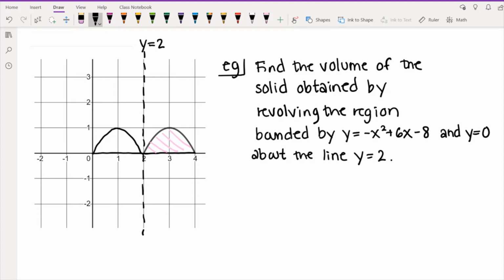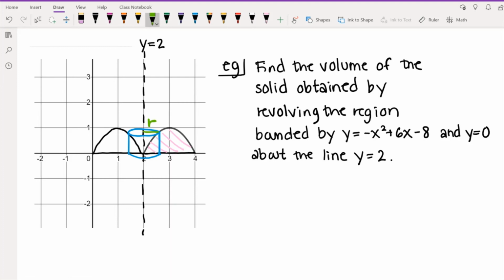Now when we go and find the radius and the height, we'll see there's a little bit more trickiness going on. I'm going to start by drawing a sample cylinder. So that looks like that. The important thing to remember is that the radius is literally the radius. It's the distance from the line y is equal to 2 to the edge of this cylinder. I'm going to start by telling you why the radius is not just x in this case.